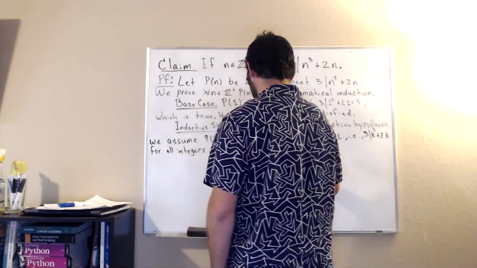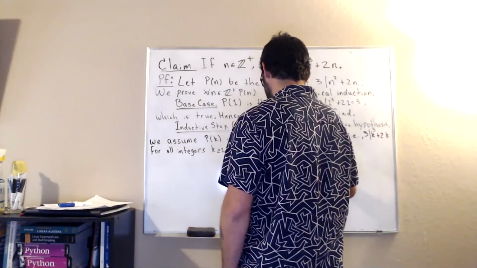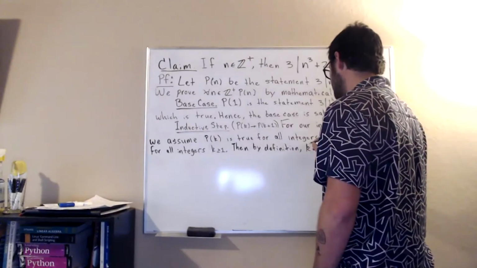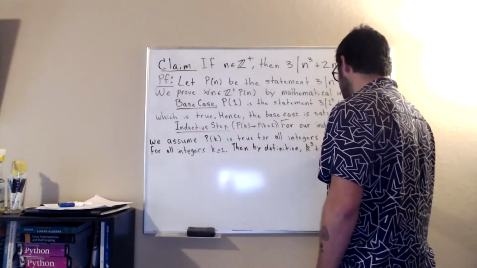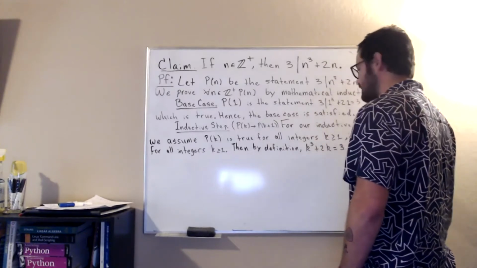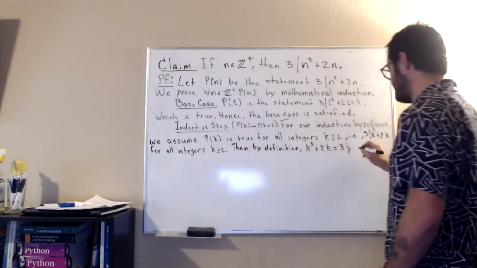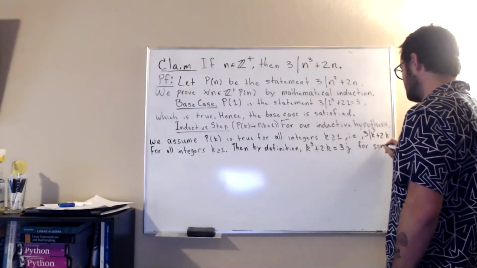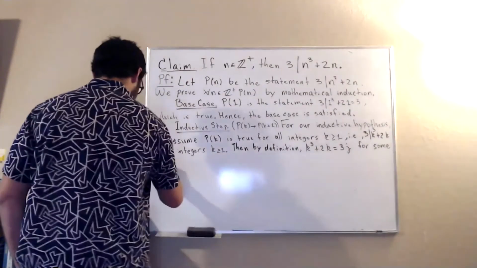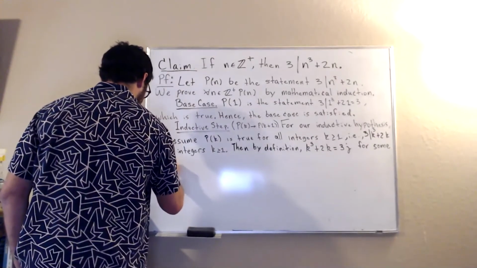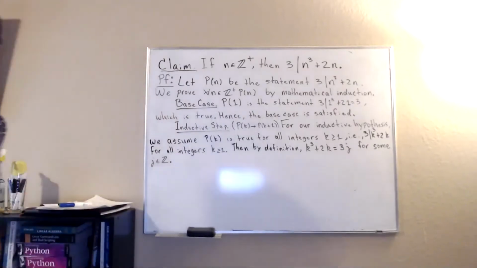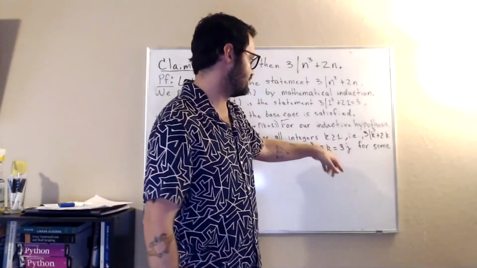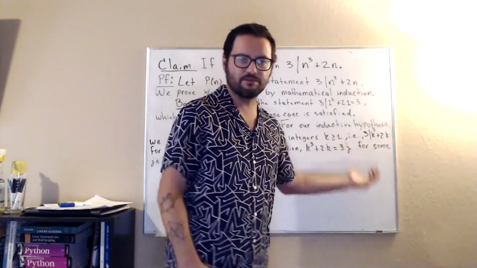Then by definition, k cubed plus 2k is equal to 3 times j for some integer j. Right, that's the definition of divisibility, right? That divides that if that's equal to this number times some integer.